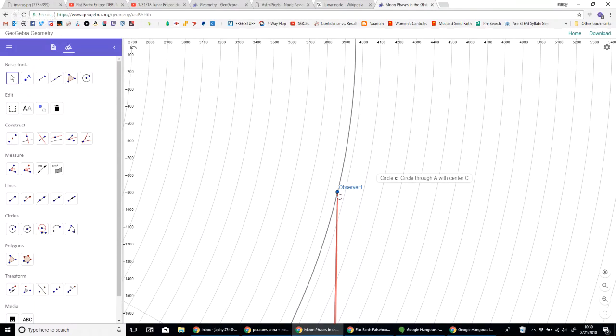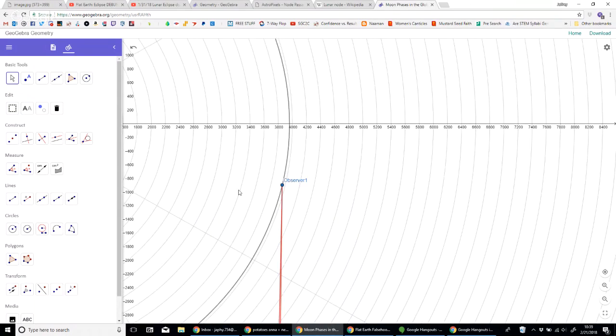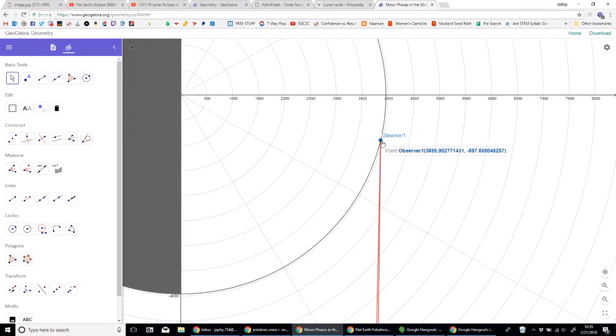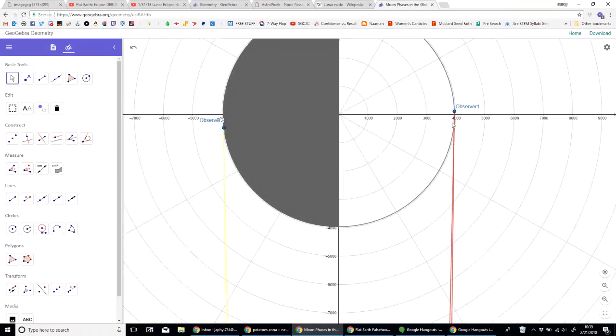When his line of sight goes through the Earth again, that means that the moon is below his horizon. So long as the observer is not looking through the Earth, he can see the quarter moon. Here he can't see it anymore. The only time that an observer can see that particular quarter moon is on this half of the Earth, on this part of his cycle around the Earth.